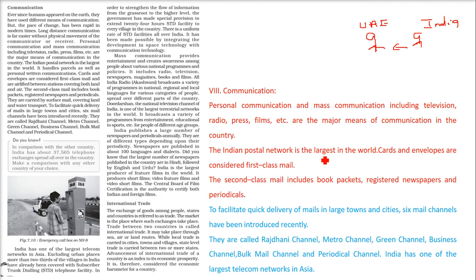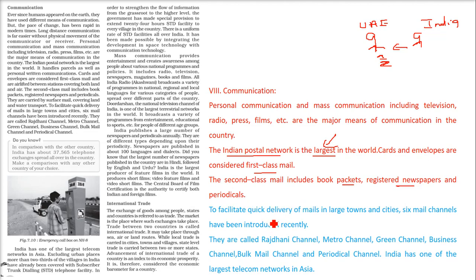The Indian Postal Network, please understand, is the largest in the world. So there are two types of mails being categorized: first class mail and second class mail. First class cards and envelopes are considered first class mail, so they have to be handled quickly. The second class mail, like packets, registered newspapers and periodicals, are second class mails.